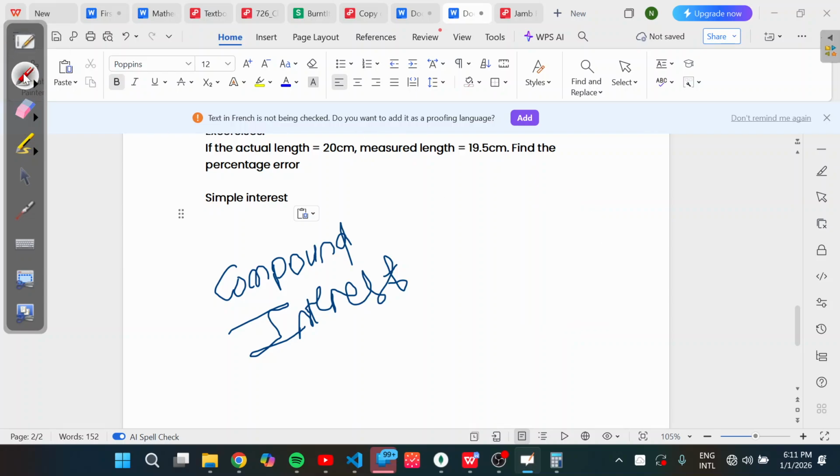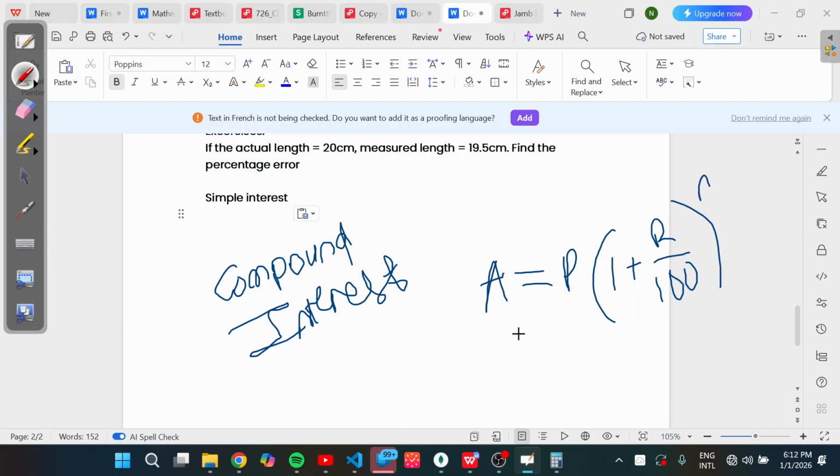So the formula for compound interest is A, which is the total amount, is equal to P, the principal, times 1 plus R over 100, raised to the power of n.